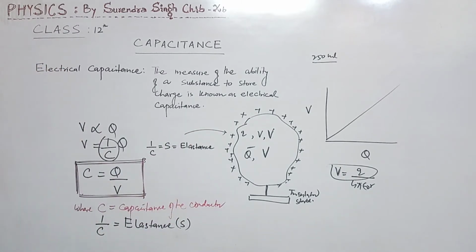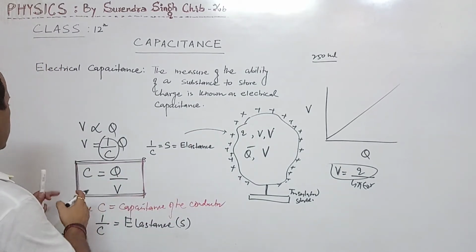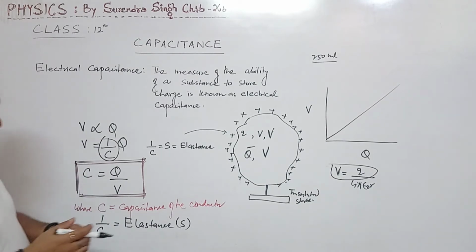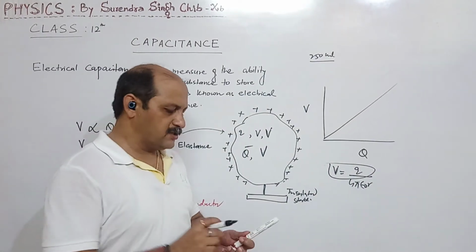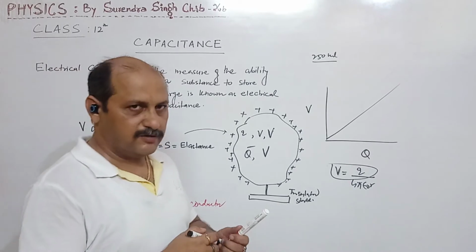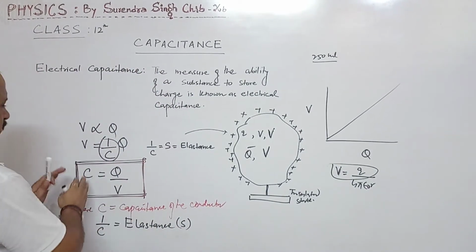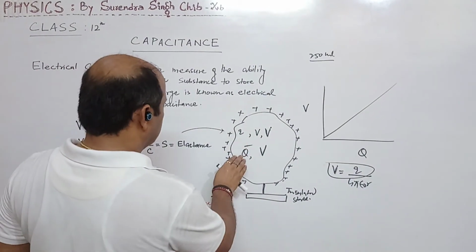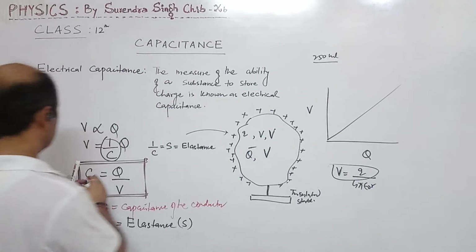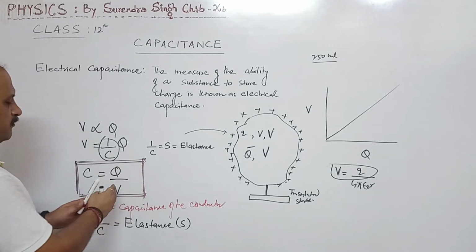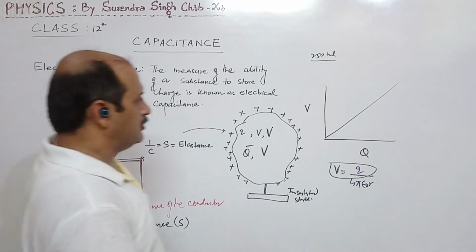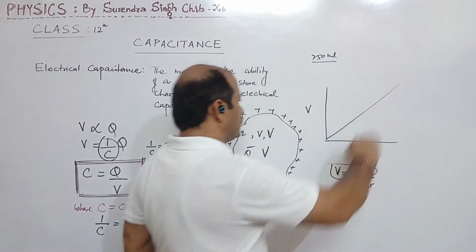And what is C? C is the capacitance of a conductor or a substance. It is the charge holding capacity of a body and it is constant for a given conductor. If it is Q and its potential is V, the capacitance is equal to Q upon V. The graph between Q and V is a straight line.